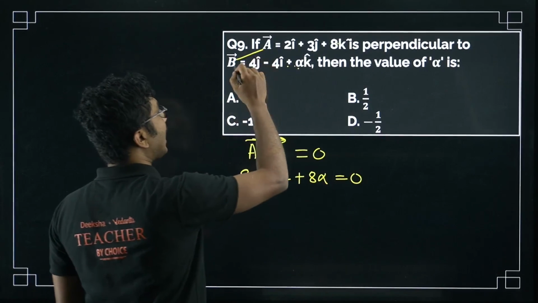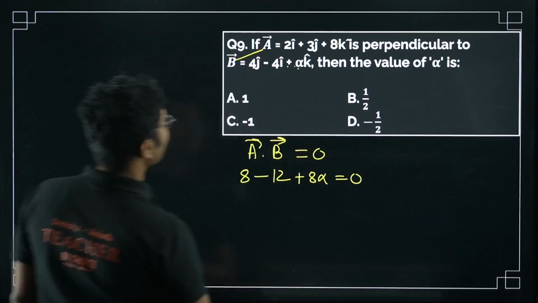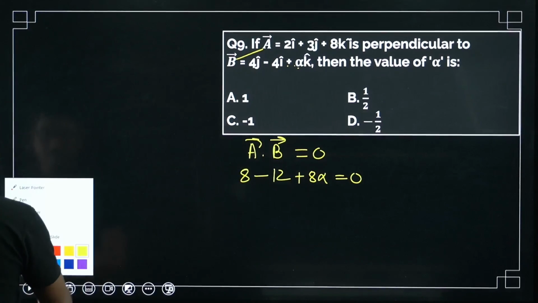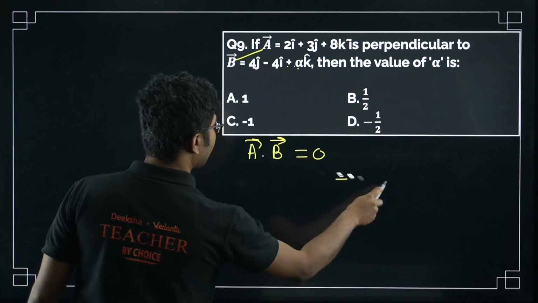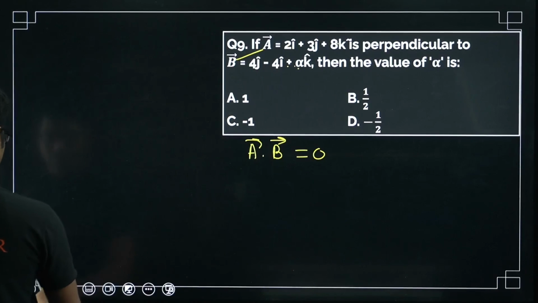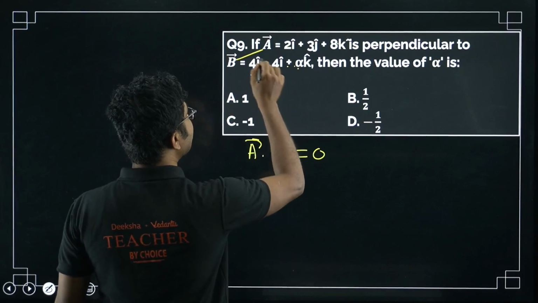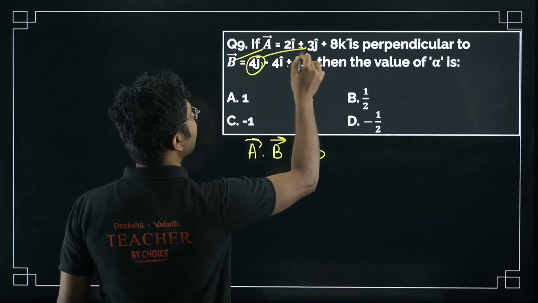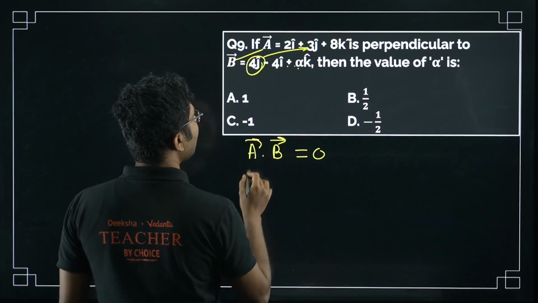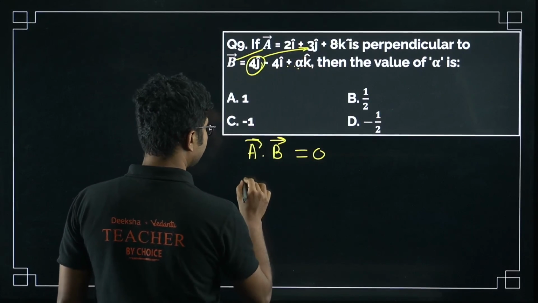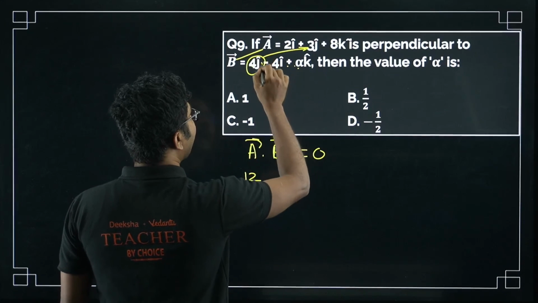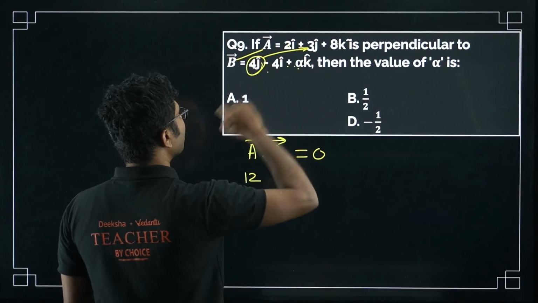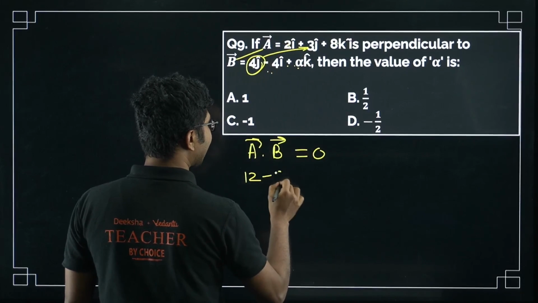I multiplied I with I, I made a mistake over here. I multiplied wrong numbers. Okay, so this is J, so J multiplied with J. So 4 into 3, 12, minus 4 into 2, it is minus 8.